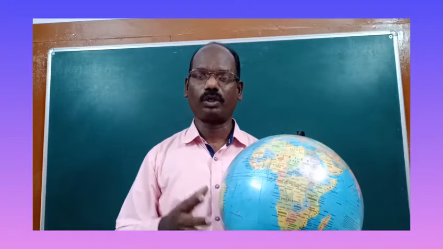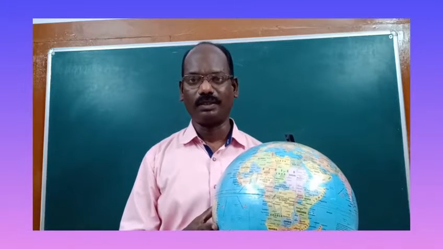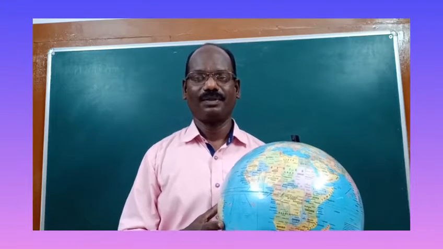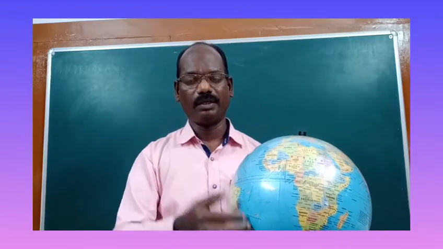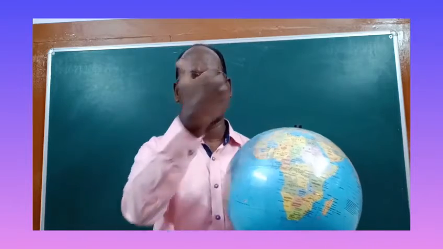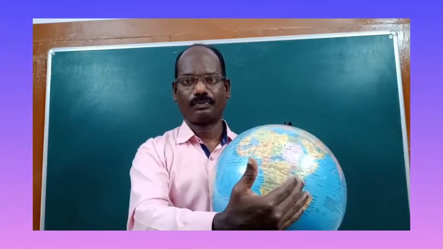Now I am going to explain how to calculate the time. This Greenwich line, or the prime meridian, divides the earth into two other equal halves.